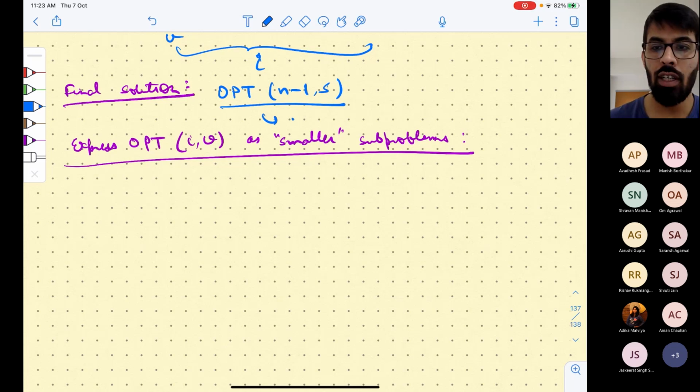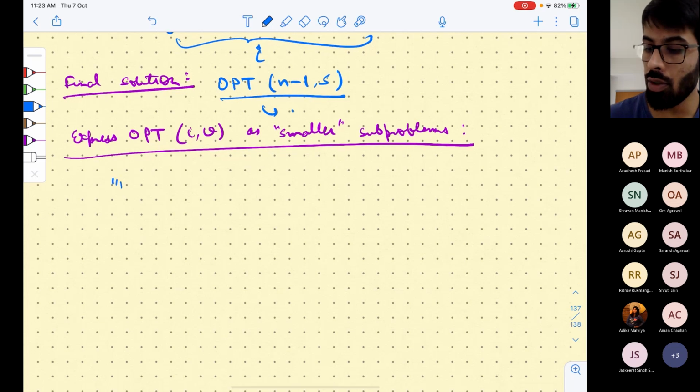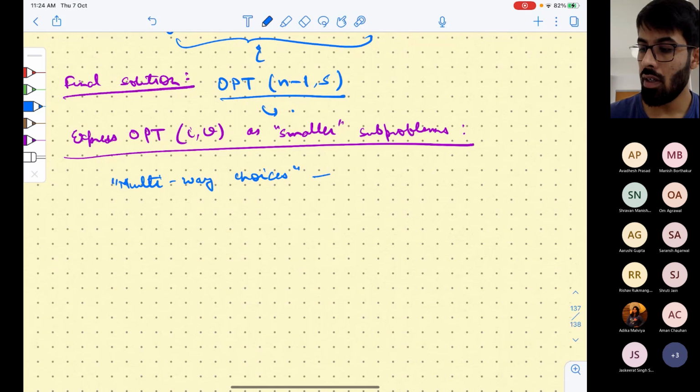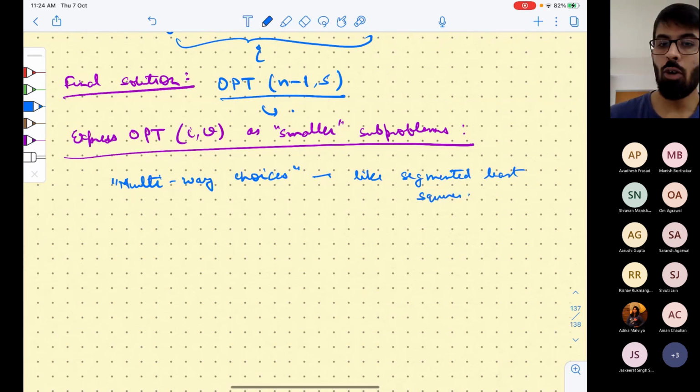There was not just one, so this is again an example of multi-way choices. And what do I mean by that? So let's now look at it.